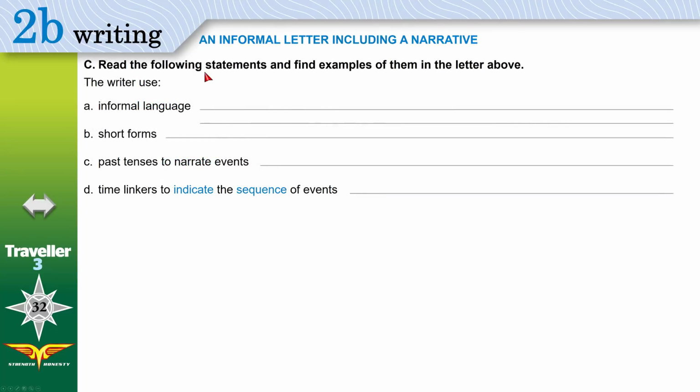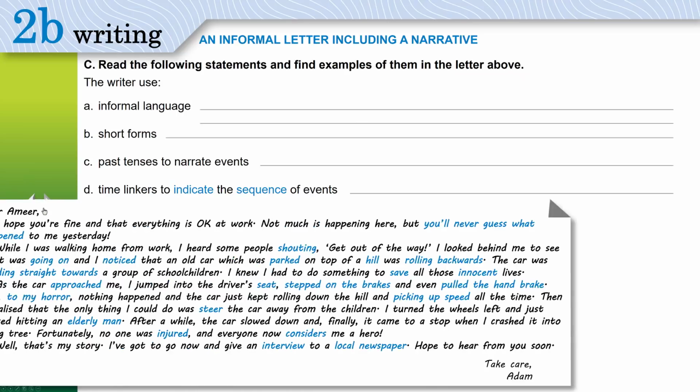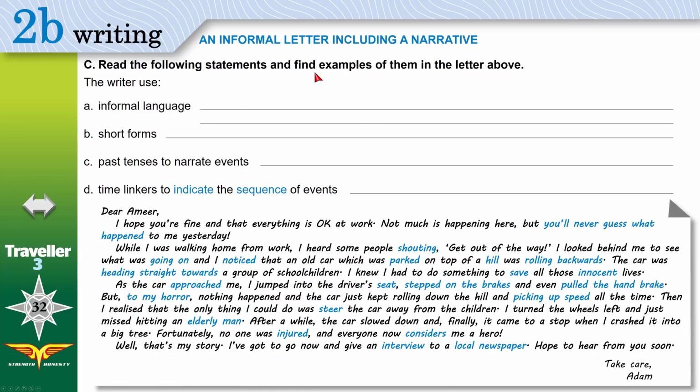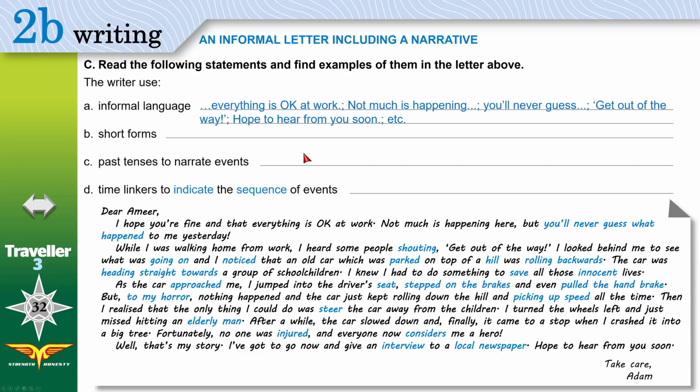C. Read the following statements and find examples of them in the letter above. In this letter, find examples for when the writer uses informal language. Where can you find informal language here? Everything is okay. Not much is happening here. You don't use this language when you speak to someone you don't know.